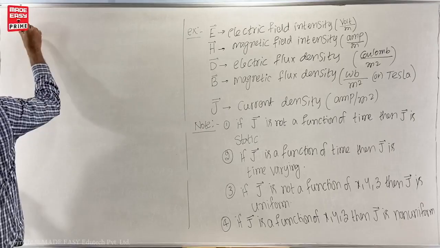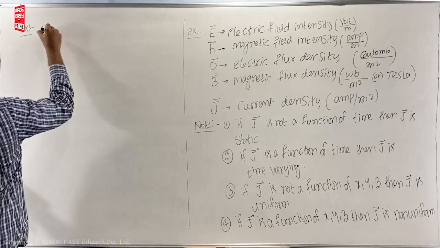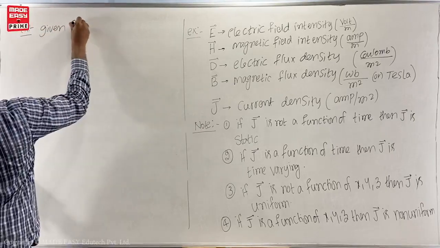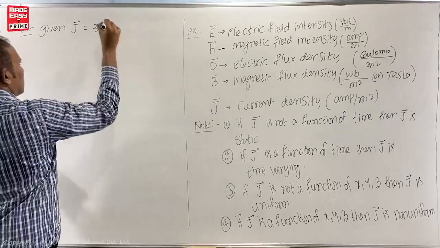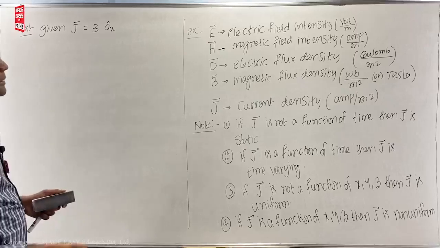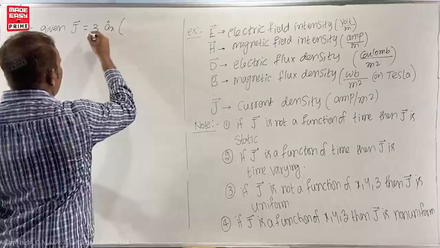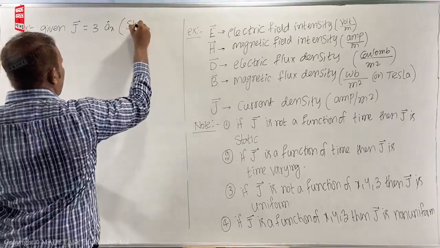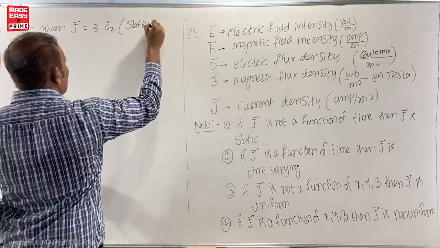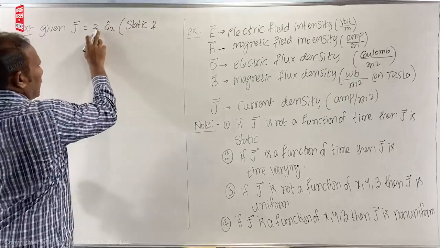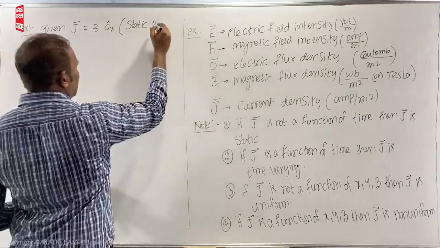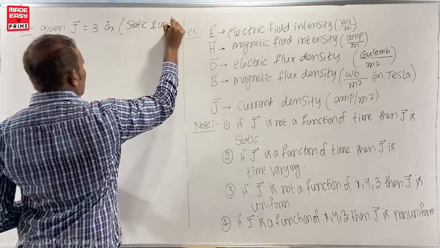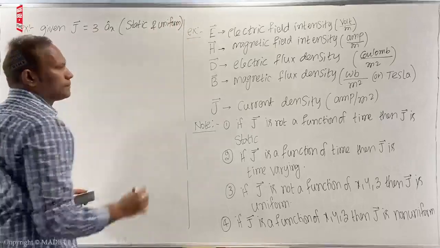First example, given J bar is equal to 3a_x, then what is this? It is not a function of time, so it is called static. And it is not a function of x, y, z, this magnitude is always constant. It is static as well as uniform, both.